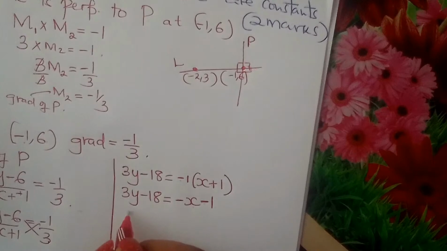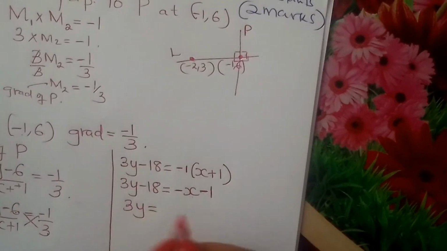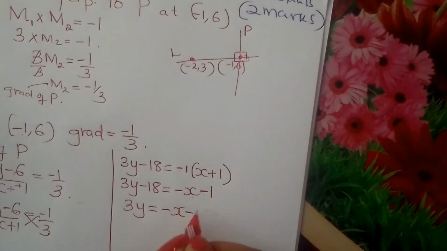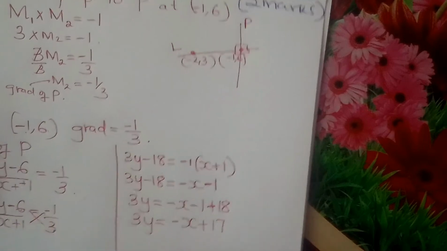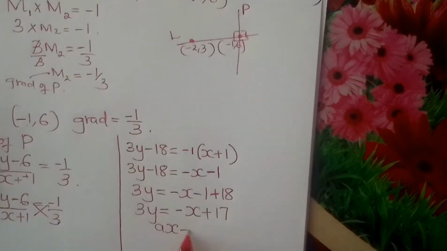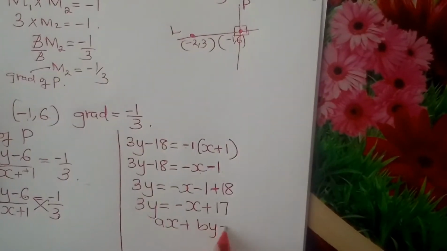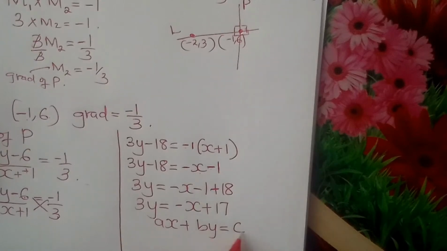Now, you can talk of 3y is equals to minus x minus 1. Take minus 18 to the other side, it becomes plus. And so 3y is equals to minus x plus 17. Learner, you are told to arrange your equation in this form, where a, b, and c are constants.